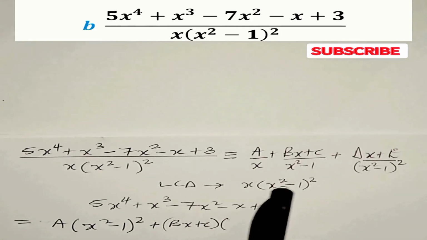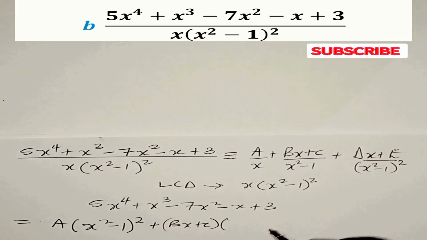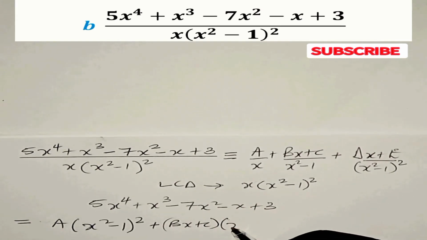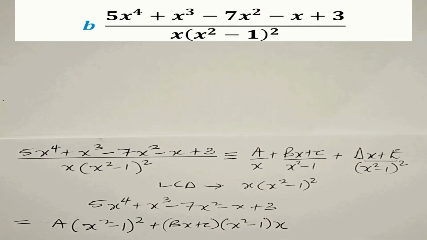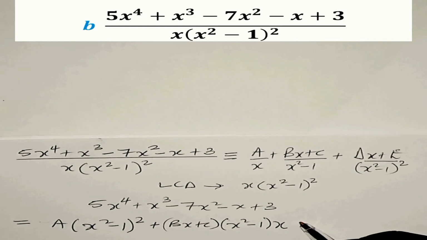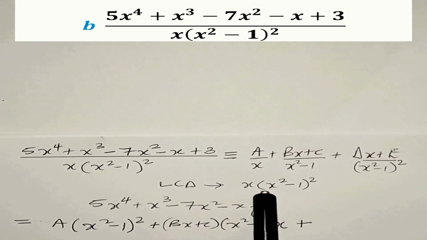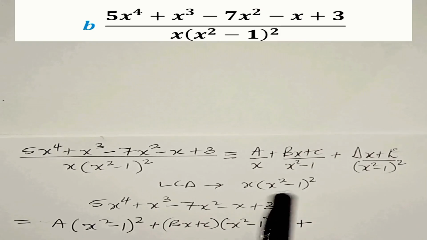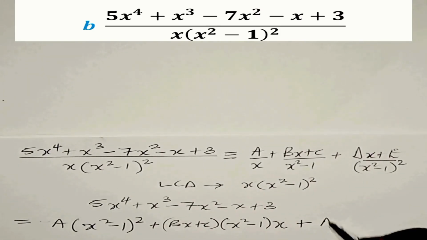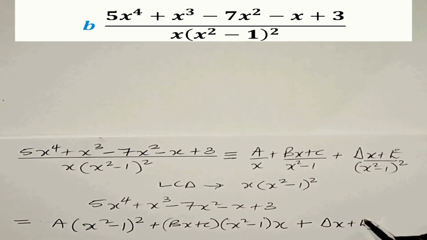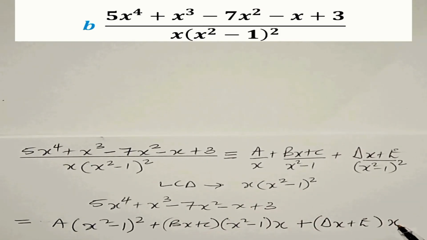You multiply this and that, you shall remain with bx plus c, x squared minus 1, then you have x at the end. Then you say plus, you multiply dx plus e over x squared minus 1 squared times this. This cancels with that, and you have dx plus e multiplied by x.